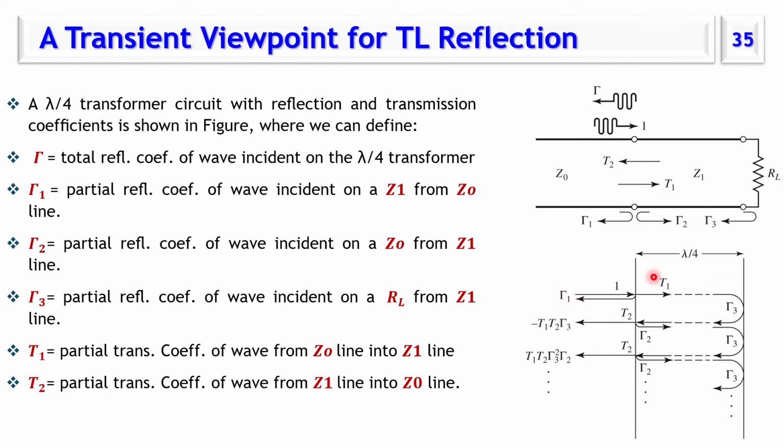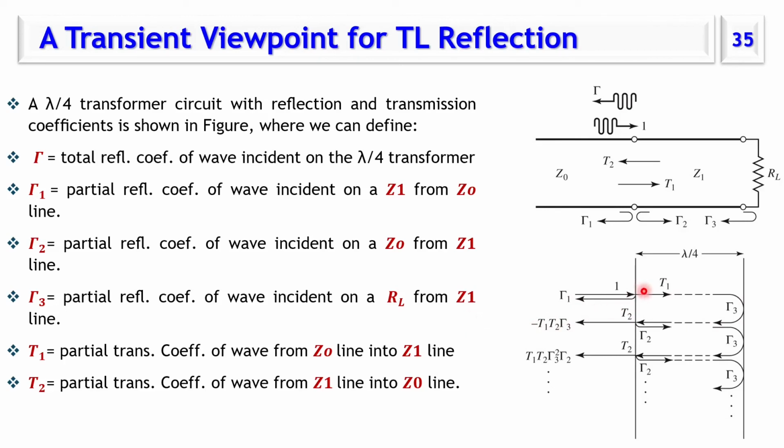this is another way to draw it. The signal is 1. We have the reflection coefficient gamma 1, and transmission coefficient T1. The transmission will go here. We'll have gamma 3. When it reaches here, we have T2. So what we have is T1, gamma 3, T2, and it is traveling here.